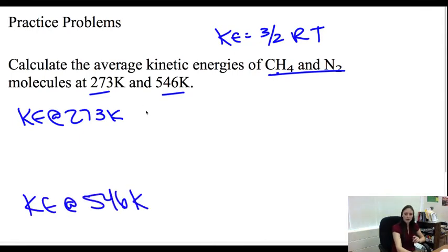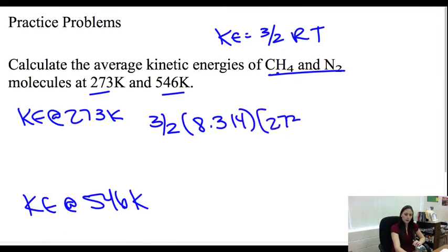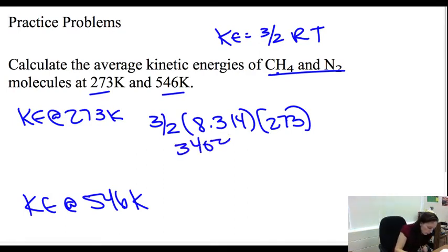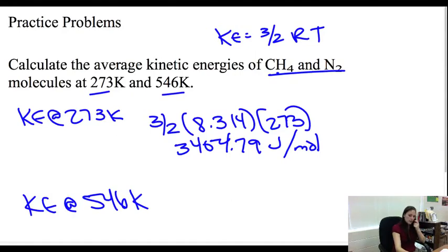Since it's 3/2 RT, I take 3/2 times my new R, 8.314, times 273, and I get an answer of 3404.79 joules per mole. It wants the average energy per molecule and not per mole, because it talks about these molecules.